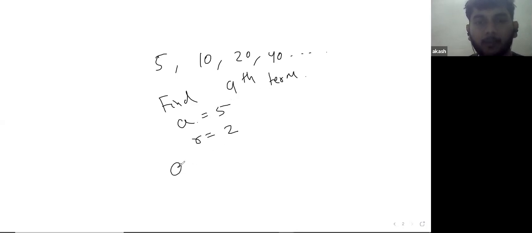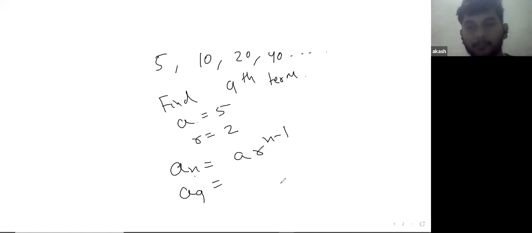So we know the formula An equals A R raised to the power n minus 1. So to find the ninth term, we'll put the value of n as 9, A9, right, Zalfa? Are we clear till now? To find the ninth term, we will have to find A9, right?